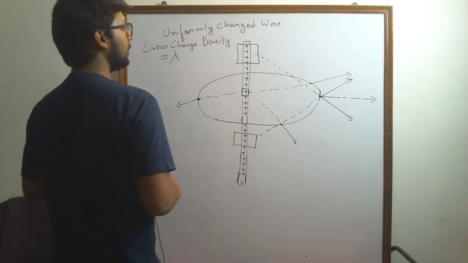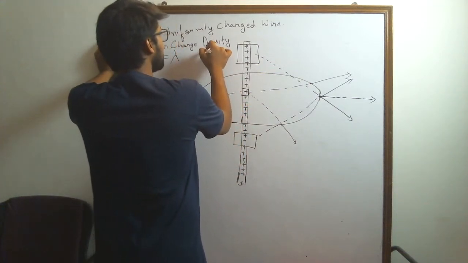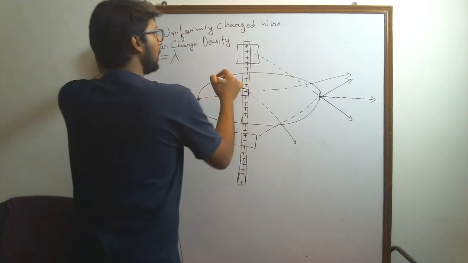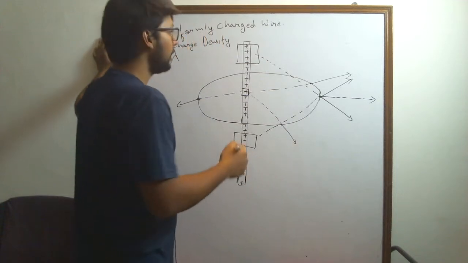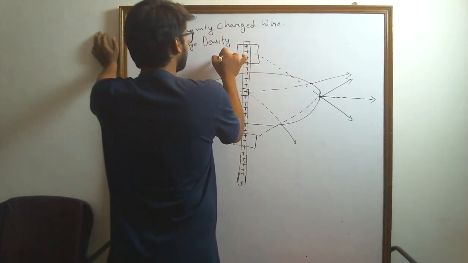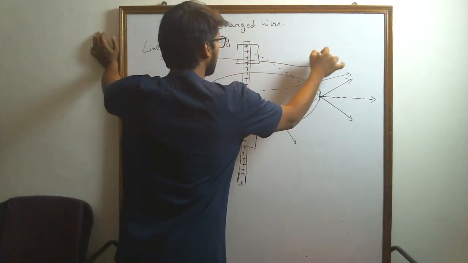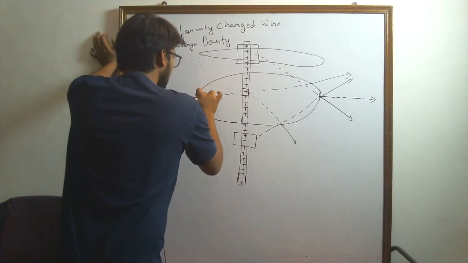Now I can take a Gaussian surface which encapsulates all of this, and the Gaussian surface perfect for this is a cylinder, right? So I take a cylinder, I'll try to make it equal to this.